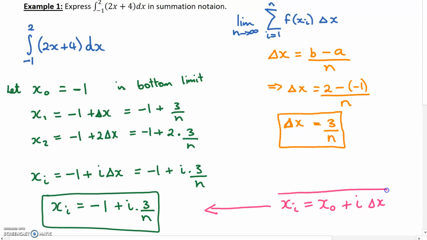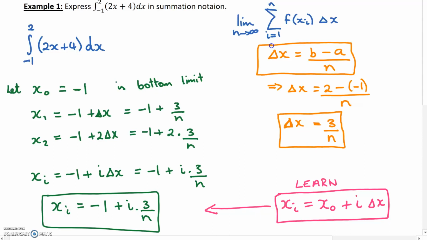Okay? So we could have got there directly instead of getting there in steps and iterations. So if you remember this formula, that's a formula worth learning. And also, it's important to learn this formula.